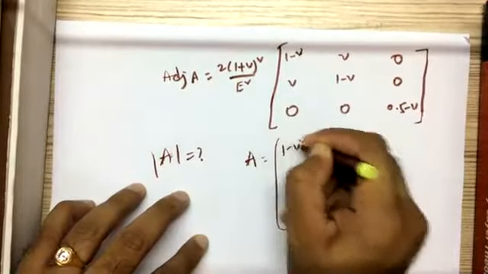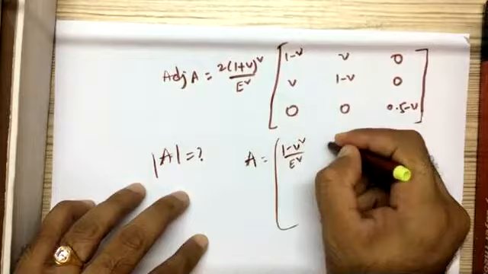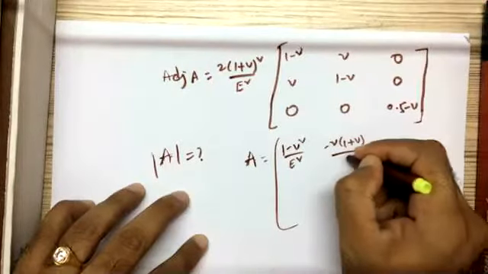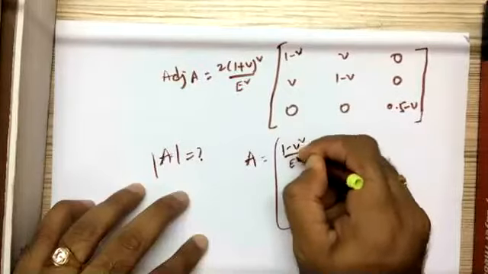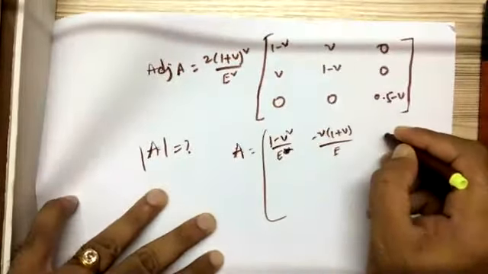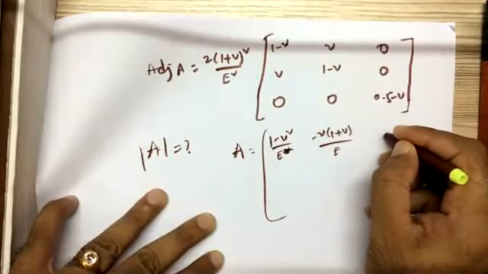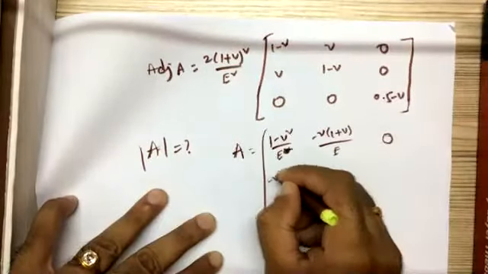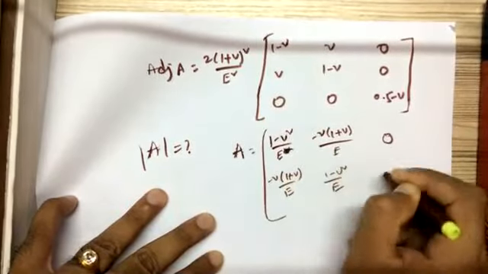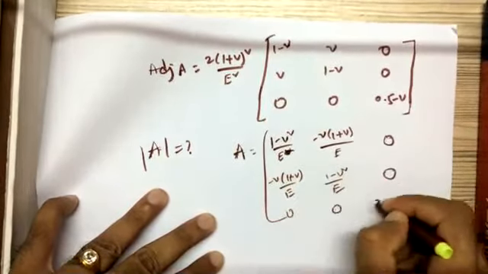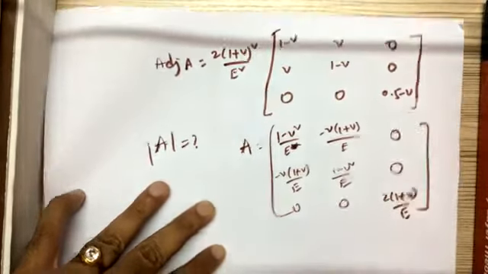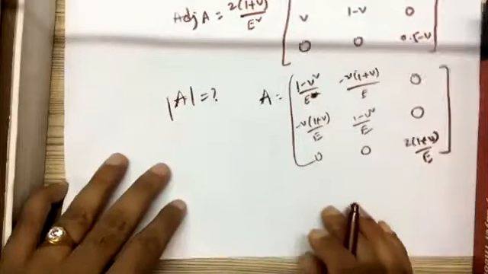The first row is 1 minus nu square by E, minus nu into (1 plus nu) by E, 0. The second row is minus nu into (1 plus nu) by E, 1 minus nu square by E, 0. The third row is 0, 0, 2 into (1 plus nu) by E. Right? So this is your A matrix.